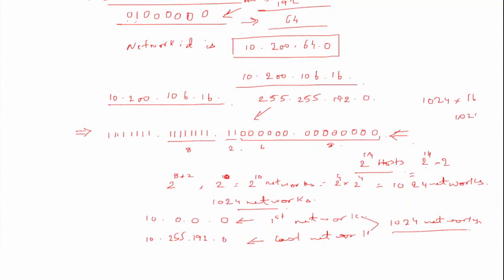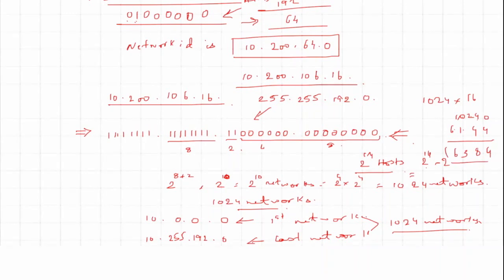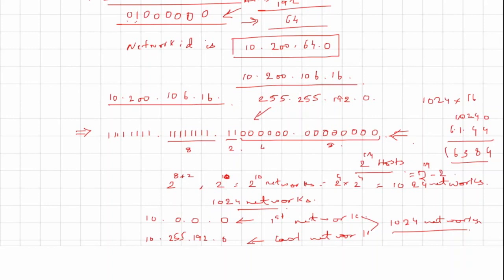So it is 10240 plus 4096 plus 2048 and so on, which gives 16384. So 2 power 14, that is 16384, minus 2 hosts.